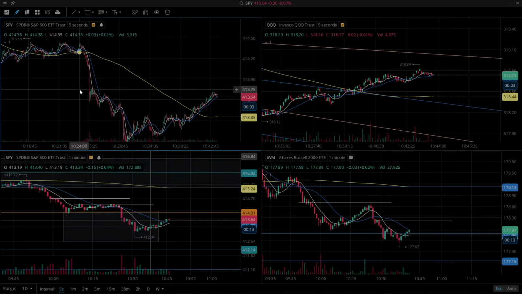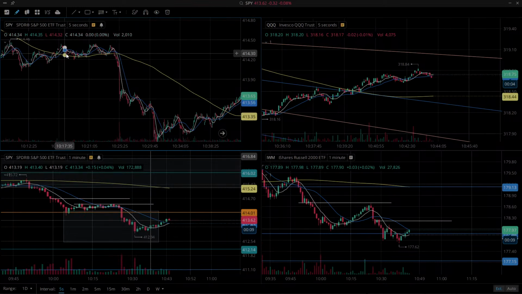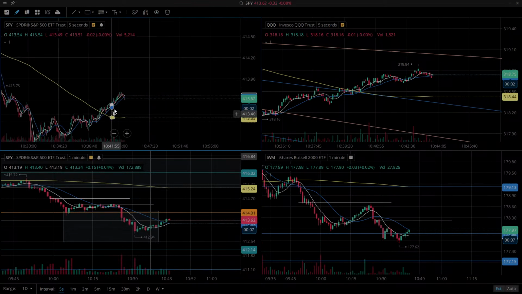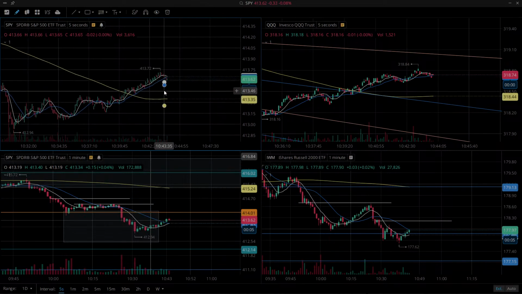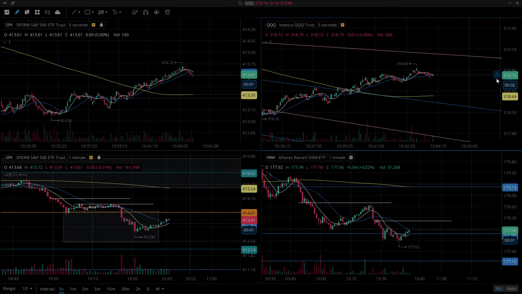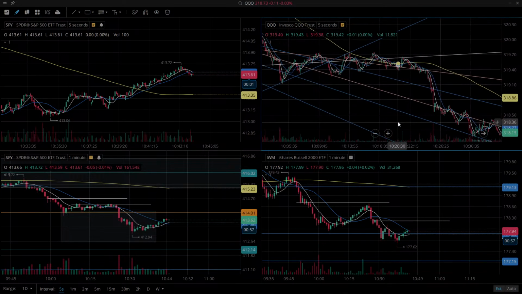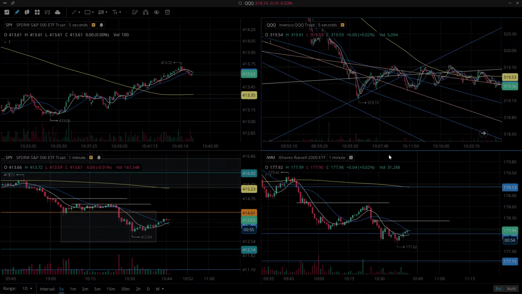It's usually all over the place, so you just draw seemingly random fan lines. You just go from one resistance to one support, draw an angular, and you can get them. But with Q, it typically is a little bit easier, so maybe I can change it up a little bit and start running with Q because they're easier to find and easier to read.